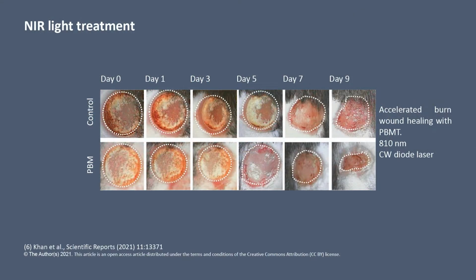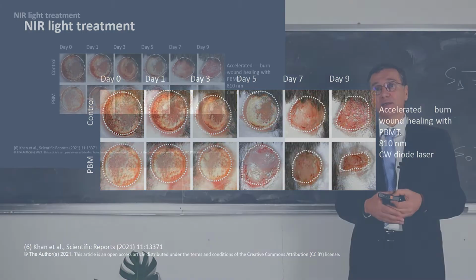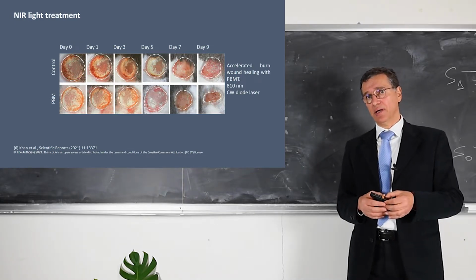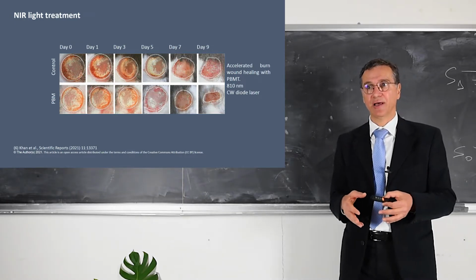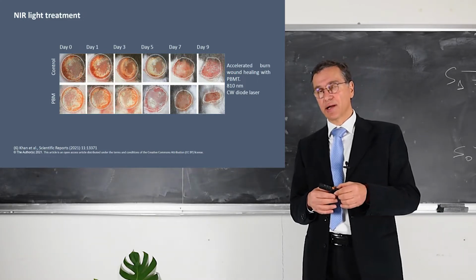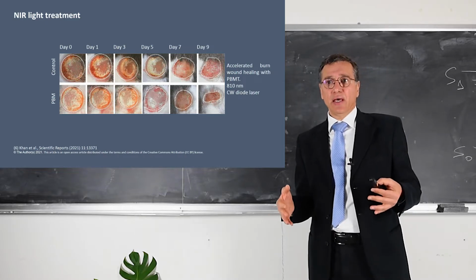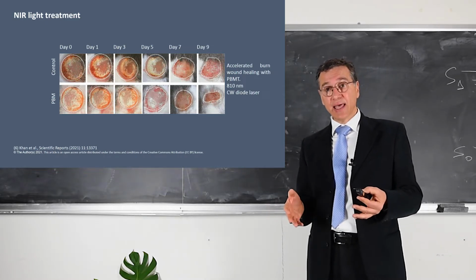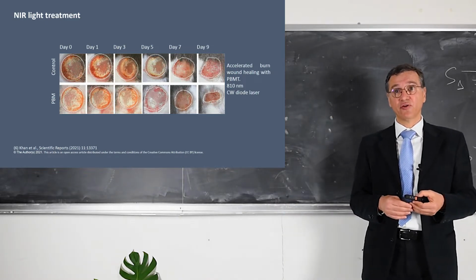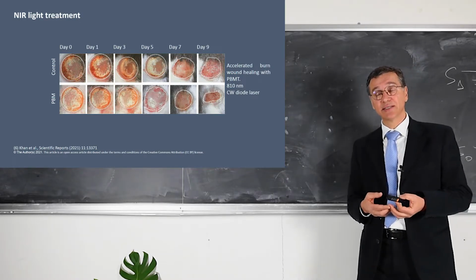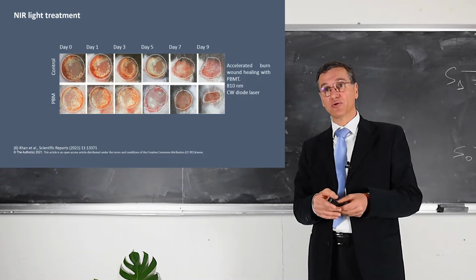Here we have an example of a wound created by a burn on a mouse, and those people are treating with 810 nanometers, so we are in the near infrared, and effectively it works. After 9 days, the effect of photobiomodulation on the healing process is clearly visible with respect to the control.